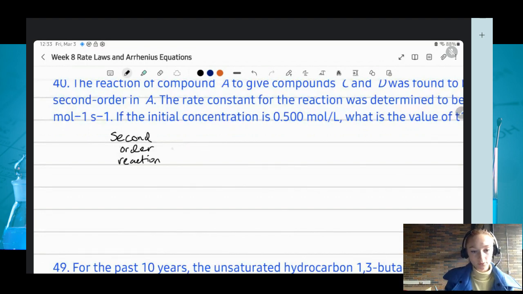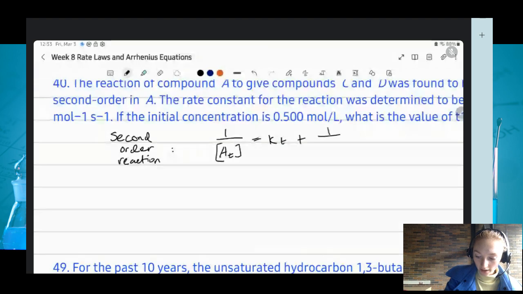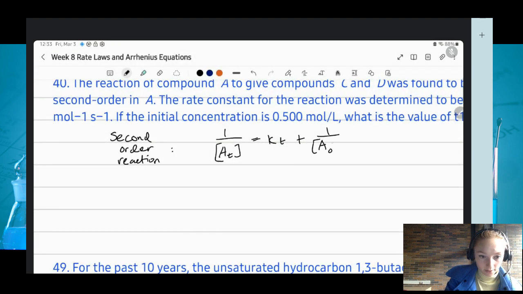And so the equation will look like this. So 1 over A_t equals Kt plus 1 over A naught concentration. Oh, sorry, this was going on the outside. So that is the equation we are working with for this.